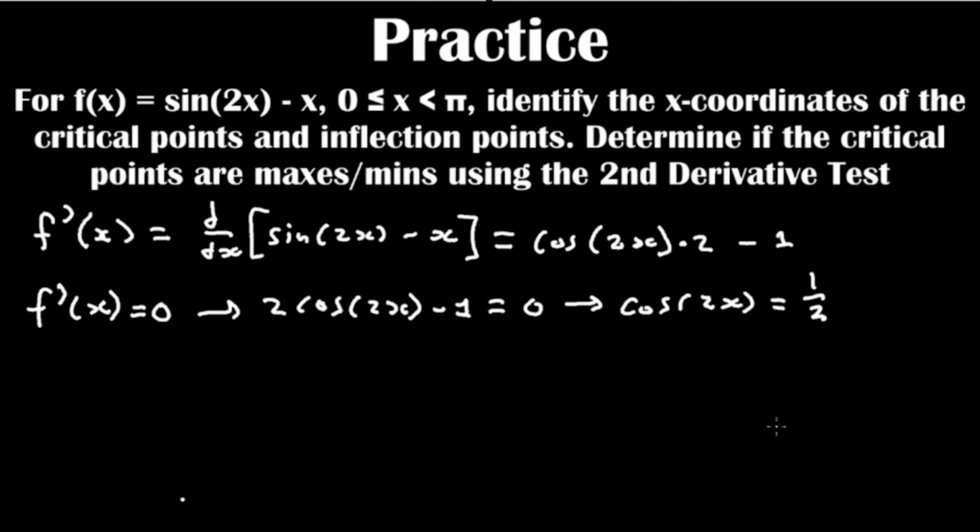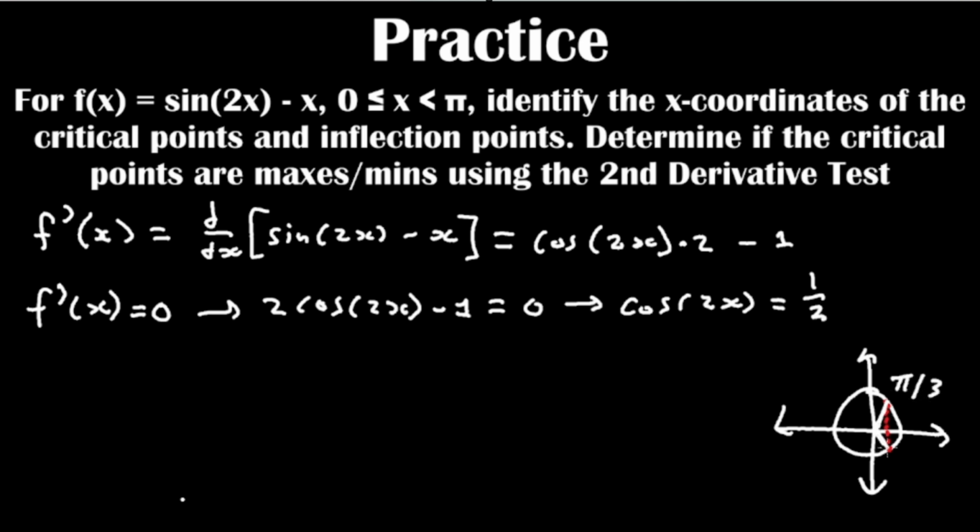Now let's think of a unit circle. The x and y coordinates of this unit circle, respectively, tell us the cosine and sine of our angle centered at the origin. So where cosine is 1/2, that happens right here. And where this happens is at an angle of pi over 3.